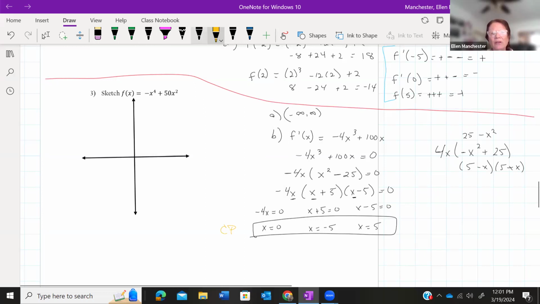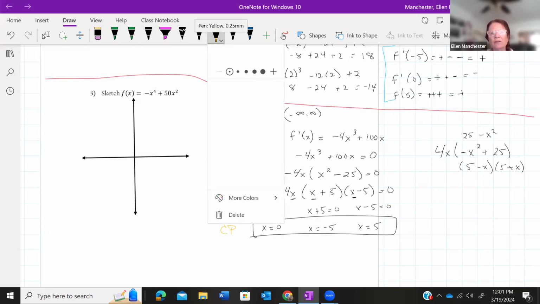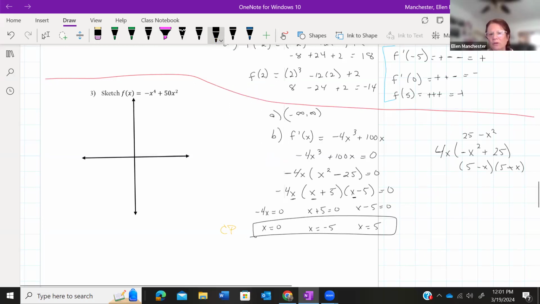And all that means is now I have more intervals to work with on my test chart. So my test chart is going to look like this. And again, make sure you put it in order. That makes a big difference.